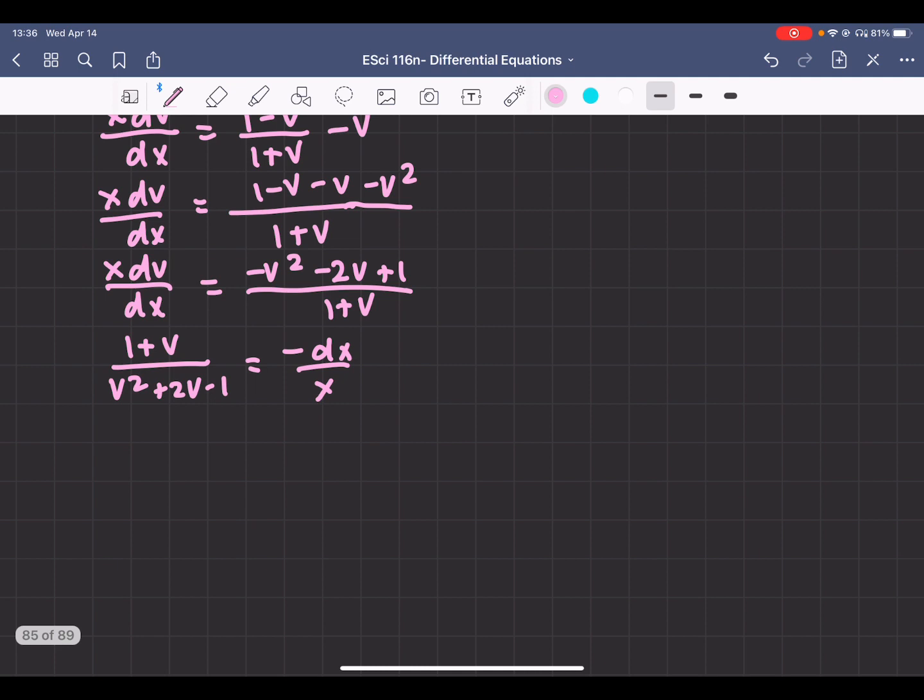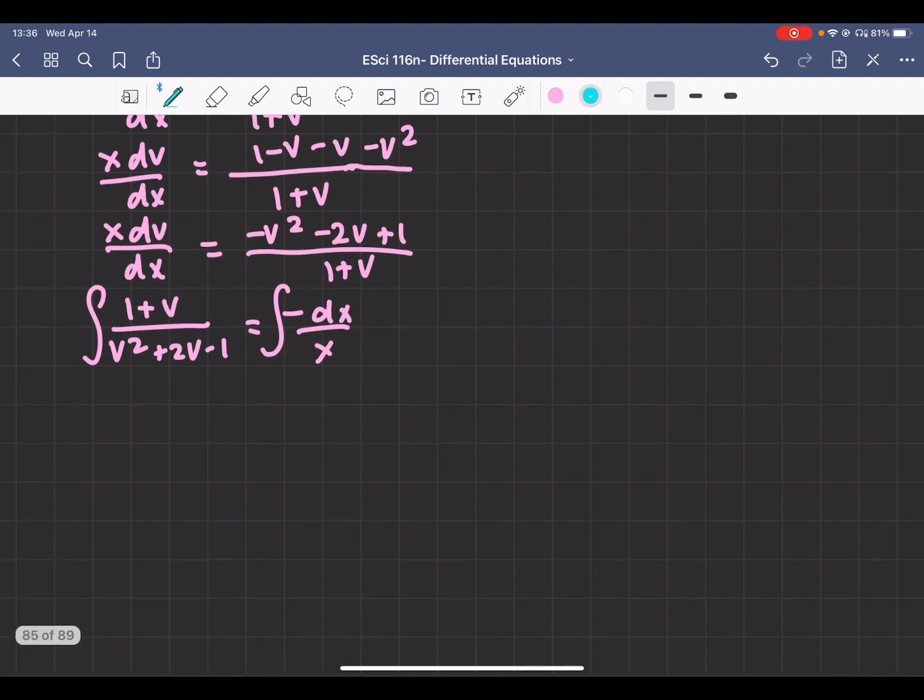Now, we're going to integrate both sides, and we need to check if we can substitute the left side. So let's say u is our v squared plus 2v minus 1, and our du is 2v plus 2. So yes, we can multiply both sides by 2 and we can employ u substitution.